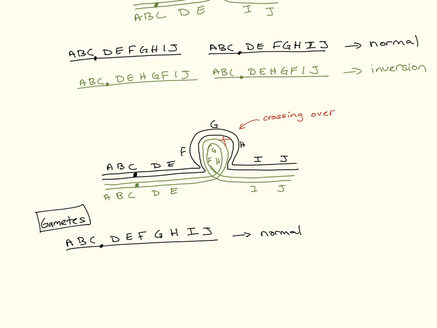Then we can look at the bottom chromatid where that didn't get the crossing over. And like we saw before, this one will just have the inversion. But it will be fine.